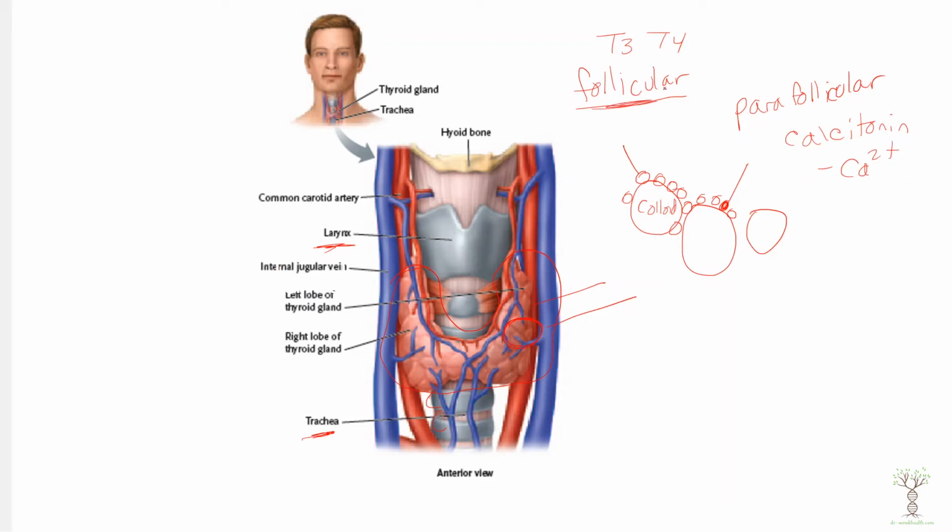So first, we will look at how the follicular cells produce T3 and T4. There are 2 minerals that are really important for thyroid hormone production. Okay, the first one is iodine. We need to have iodine in order to be able to make thyroid hormones. If you're iodine deficient, you will not be able to make thyroid hormones.